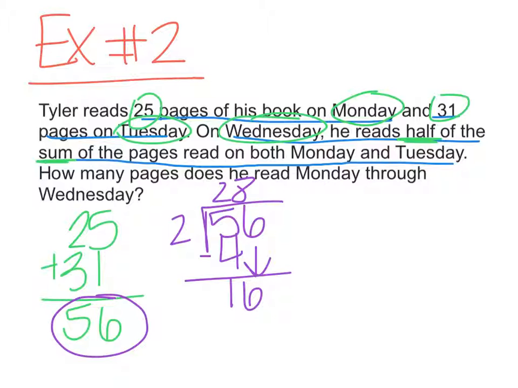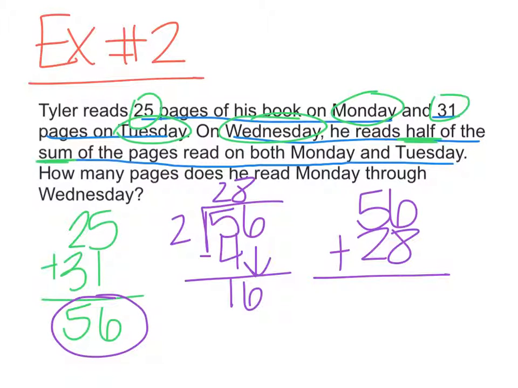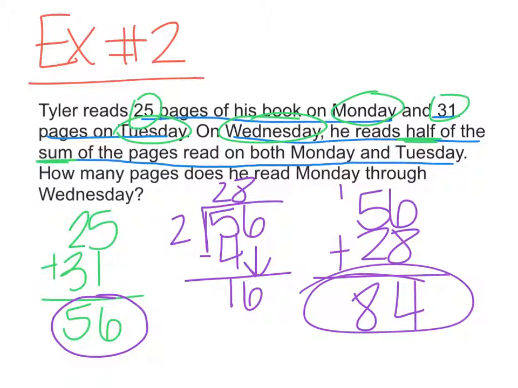And that would be 28 pages. So let's take the 56 pages we already added for Monday and Tuesday, and then let's add the half pages that he read on Wednesday. And we get 84 pages altogether, Monday through Wednesday.